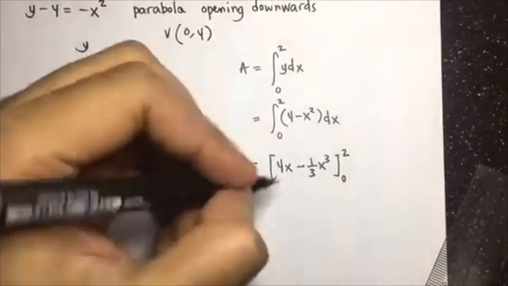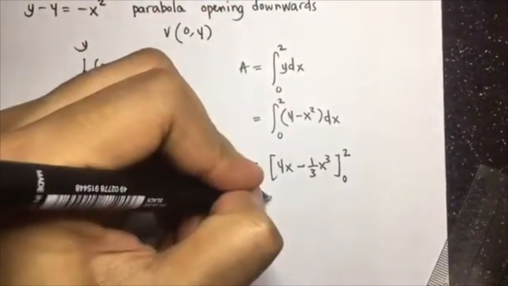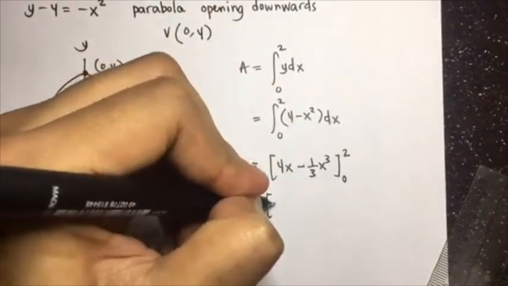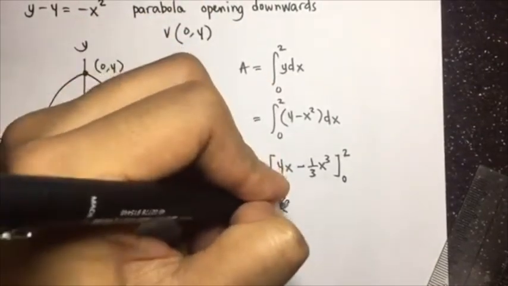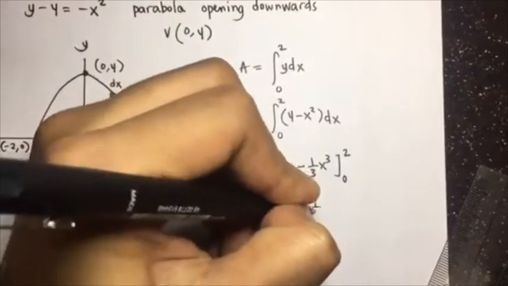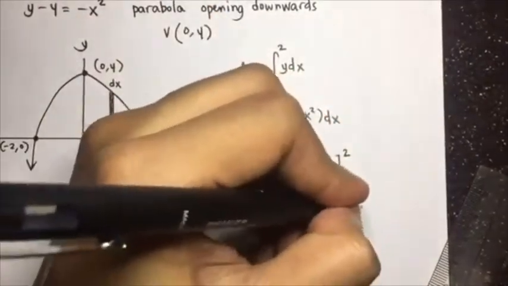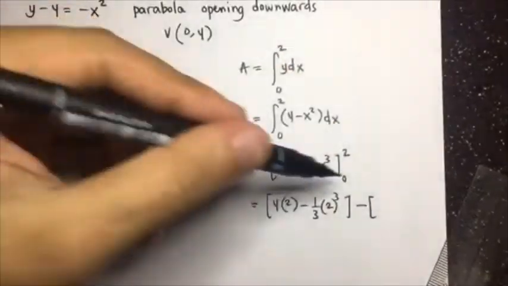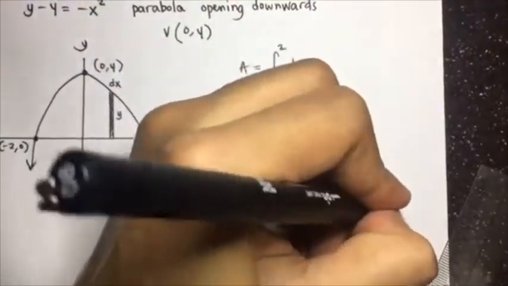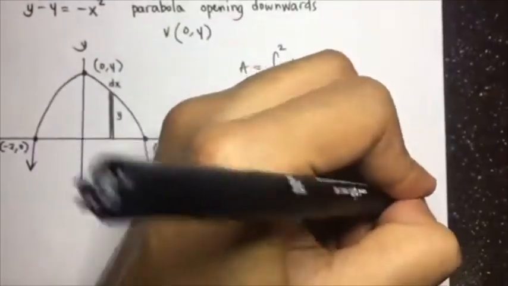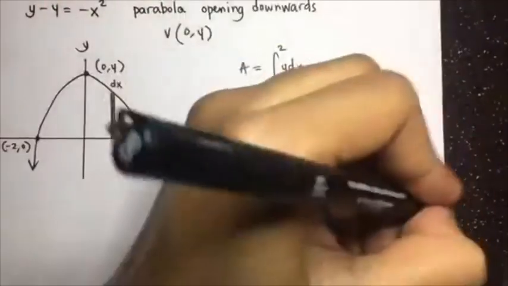Substituting the limits, we have 4 times 2 minus 1/3 times 2 cubed, minus, substituting the lower limit, 4 times 0 minus 1/3 times 0 cubed.